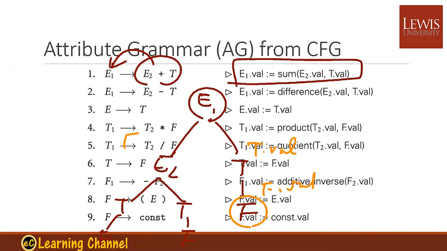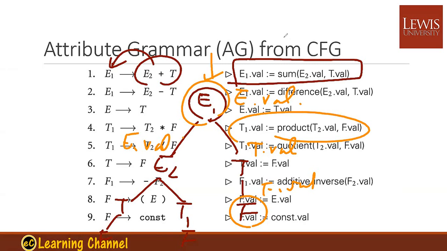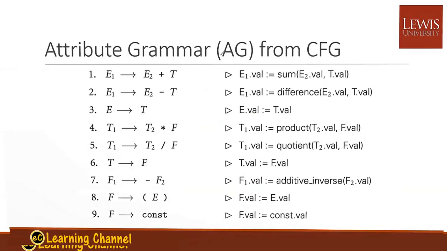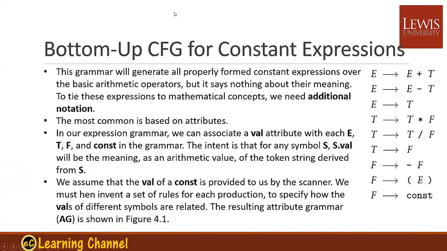T value and this E value together evaluate to this E value. Is that okay? Yes. So this is actually decorated so that each term on the tree has some evaluation function. So this is so-called attribute grammar, help you to actually do the evaluation. Is that okay?